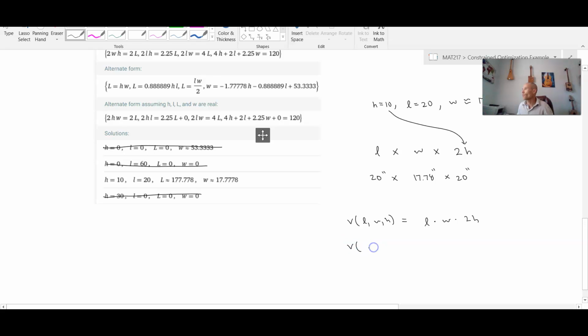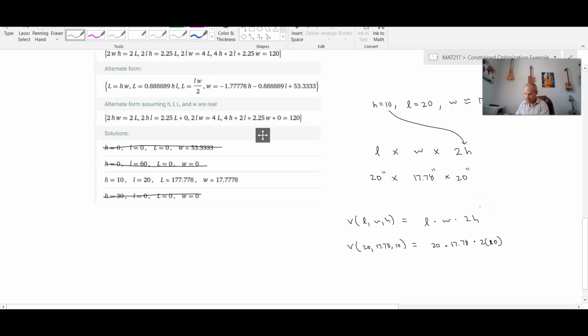So the volume with a length of 20 inches, a width of 17.78 inches, and the h value being 10 is going to be 20 times 17.78 times 2 times h, which is 2 times 10.